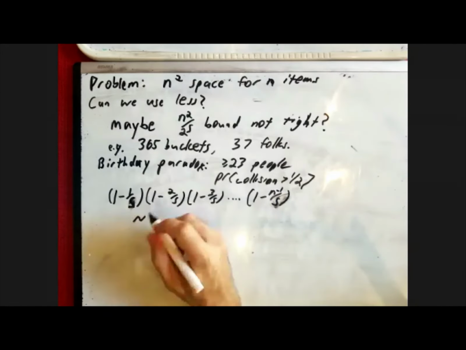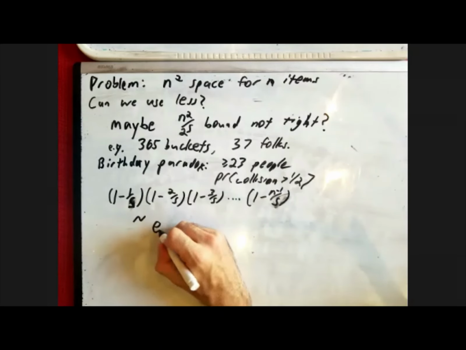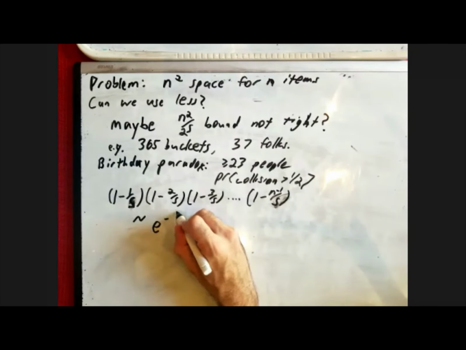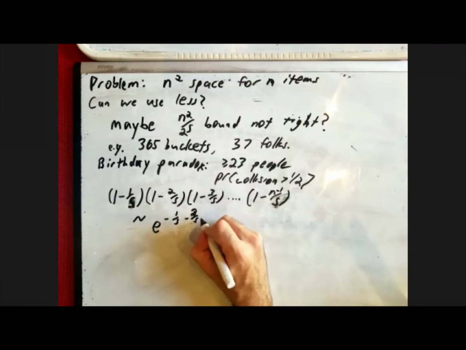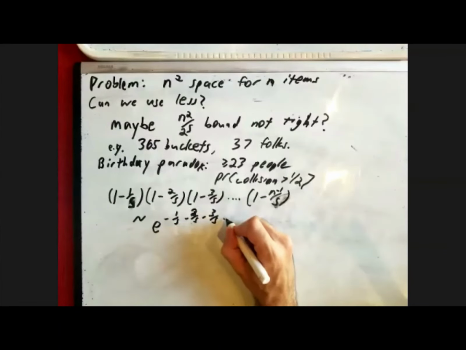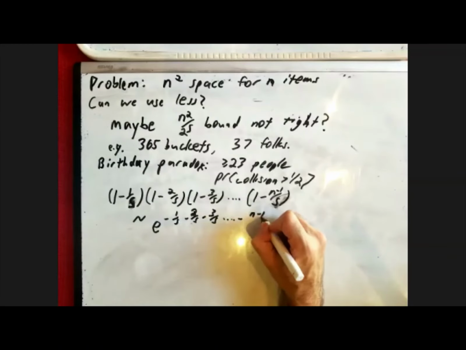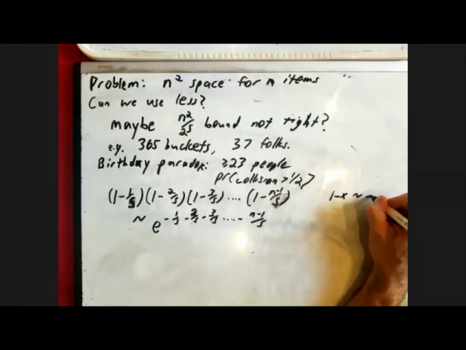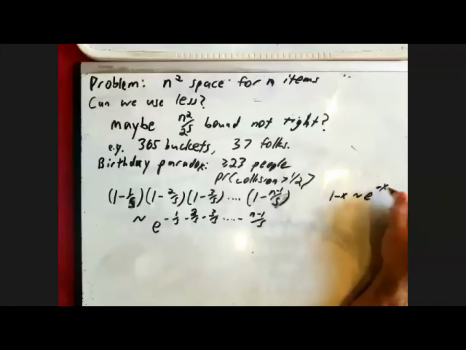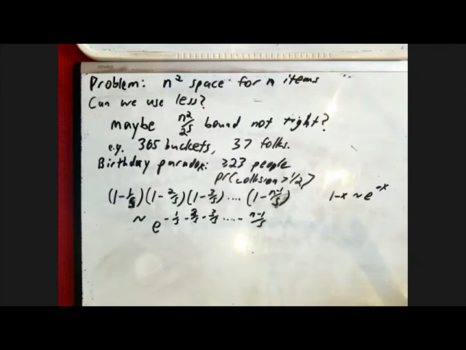And there's a well-known approximation. I can basically write this as e to the minus 1 over s, minus 2 over s, minus 3 over s, all the way up to minus n minus 1 over s. This just uses the fact that 1 minus x is approximately e to the minus x when x is very small. And this sum is the same thing as we just computed before.